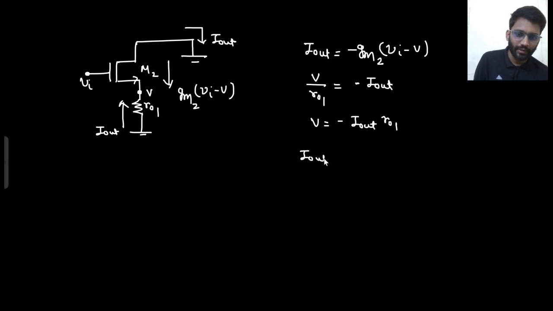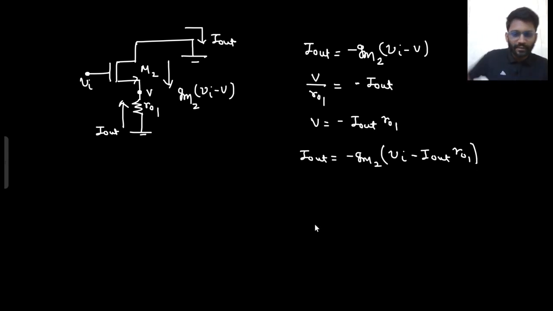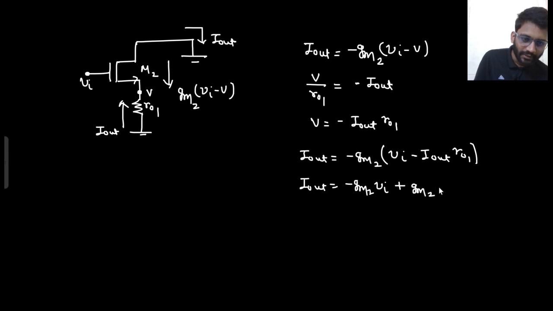So I out would be minus GM2 V in and V would be minus I out R01. ठीक है, let's open it up. So I out is equal to minus GM2 V in plus GM2 R01.